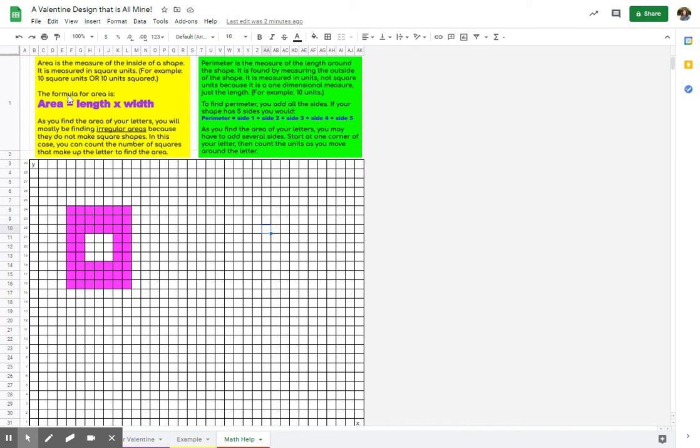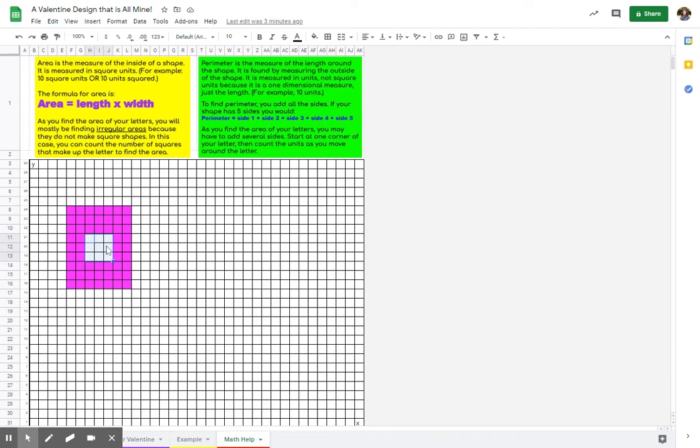Typically, the formula that we use for a four-sided shape for area is length times width. Now, I technically could use that in this shape because I do have a length measure and a width measure. And then I would need to take away what is not shaded inside because this is not part of the area of O. It's not included in my letter.